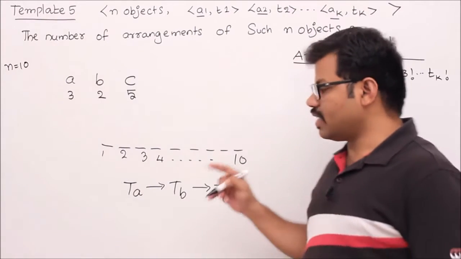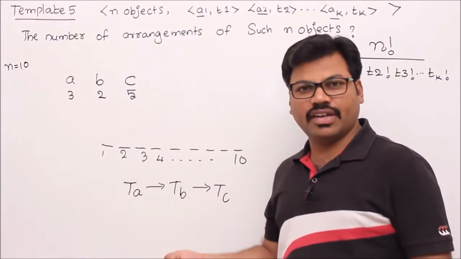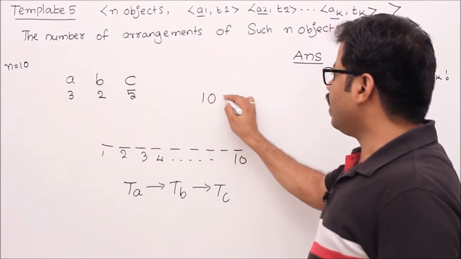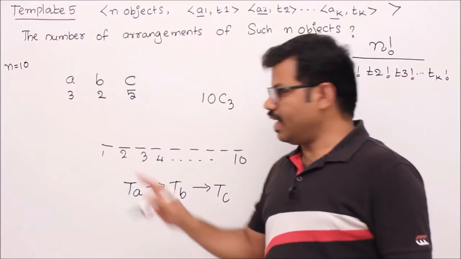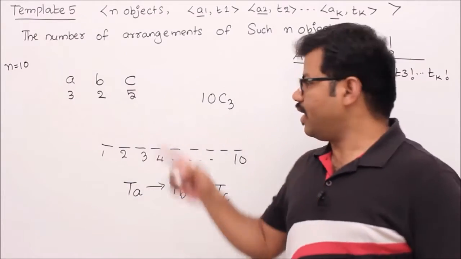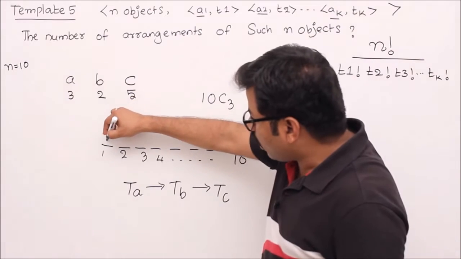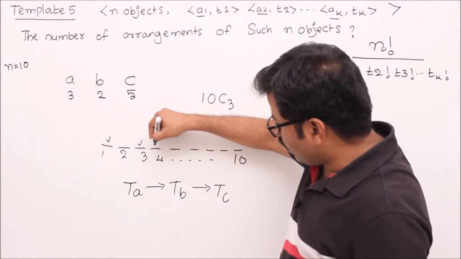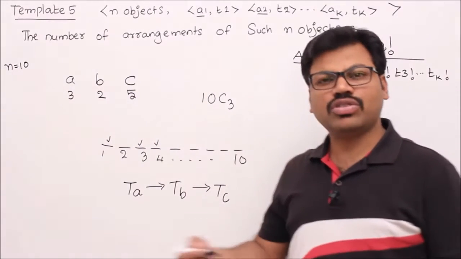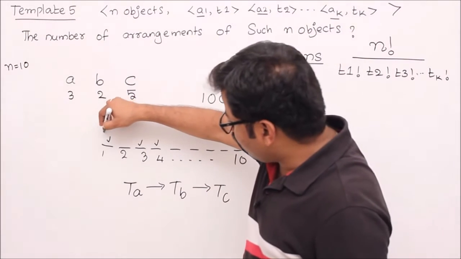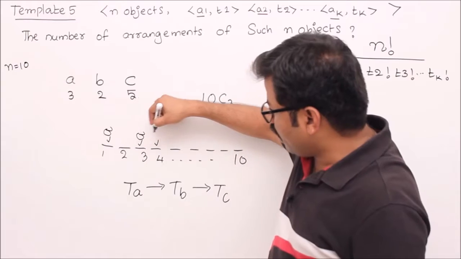How many different ways can I select 3 positions out of 10? So it's a selection problem, isn't it? Then that can be done in 10C3 ways. Like any 3. If you want to take any 3, it's 10C3. Remember it. Example, this is one of the any 3, like 1 comma 3 comma 4. Once you select it, what are you going to do? You are going to write A, correct?